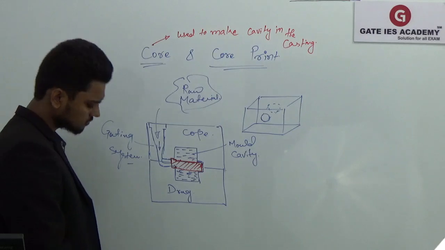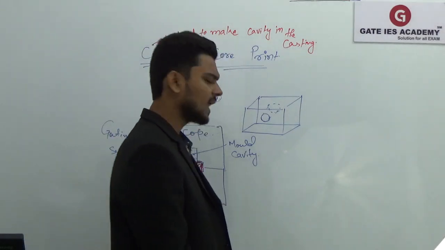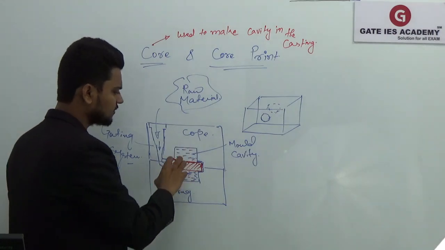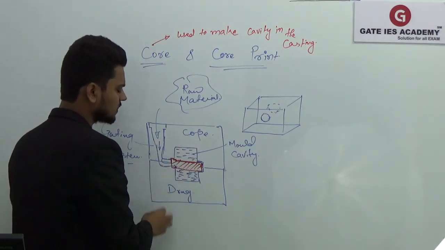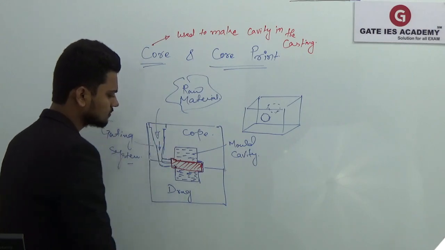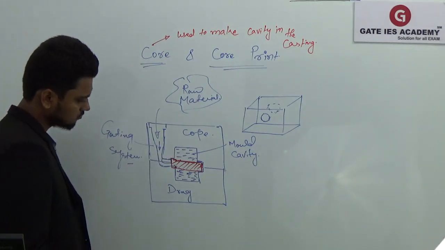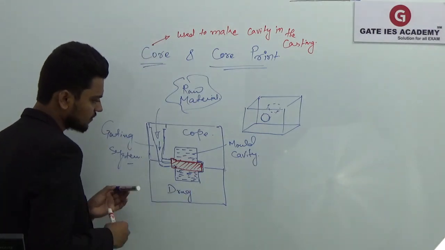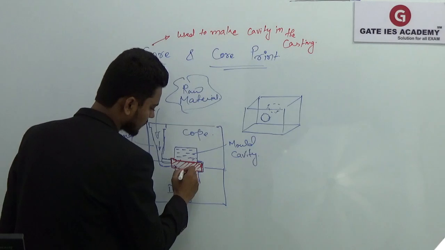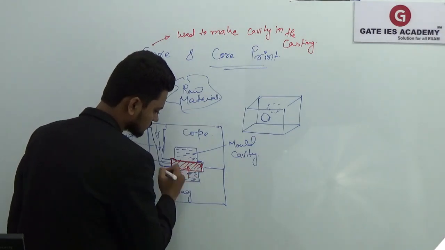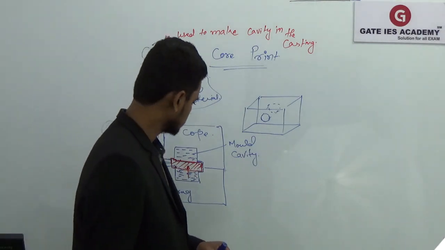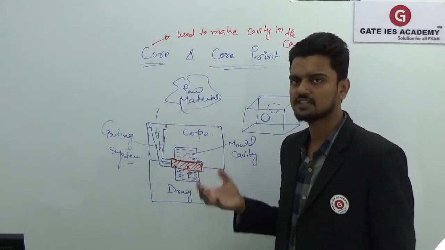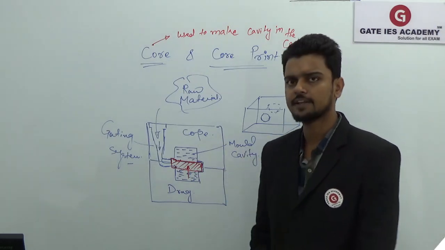Now we'll discuss the force that will act on the core. Here we have the cavity filled with molten metal, and in the middle we have the core. Obviously the buoyancy force will act on the core, because it is placed in the middle of your cavity.